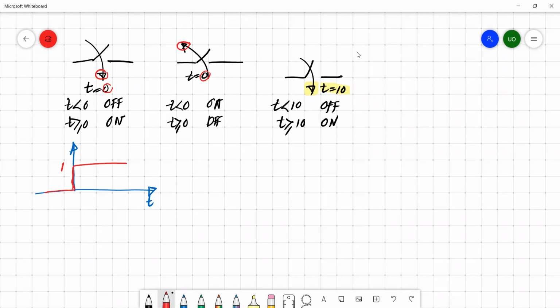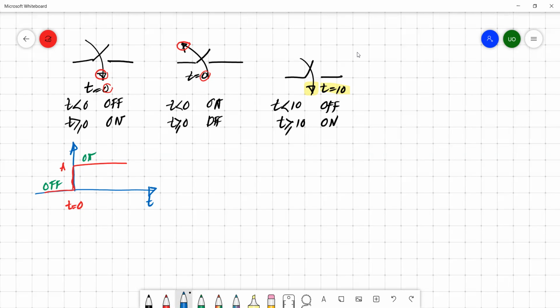Whatever the value of the source, either voltage or current, at t equals 0 the state moves to on.